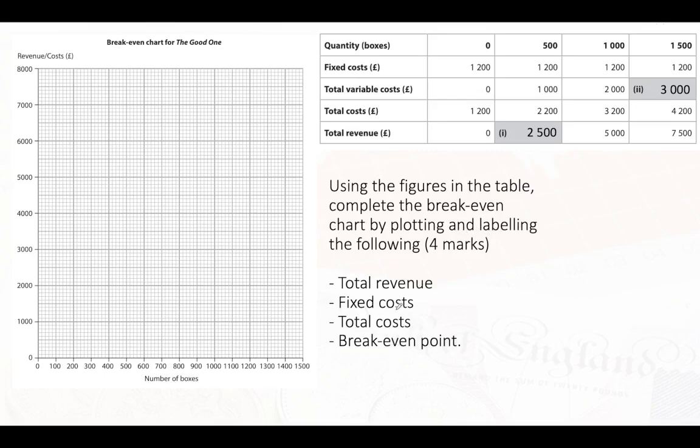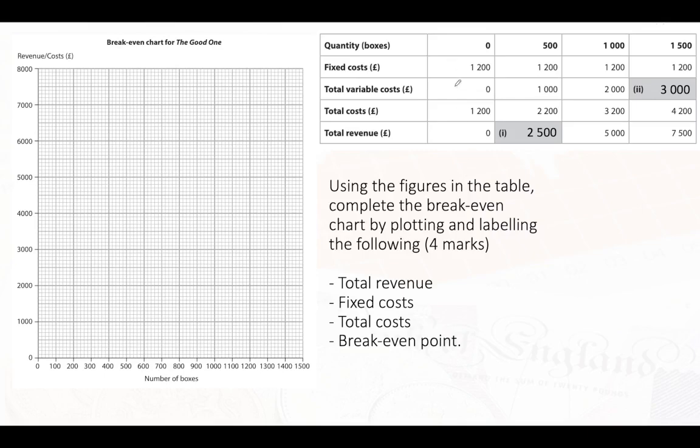But you need to know what you need to add to it, don't you? Okay, so we've got total revenue, fixed costs, total costs, break-even point, okay? We've got it over a period of time, so we've got this different series of numbers, so you're going to have to plot 1 year at a time.